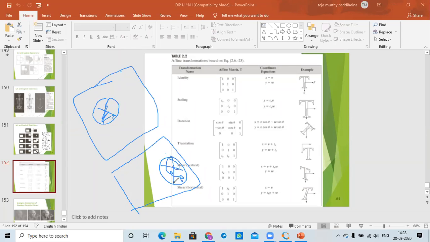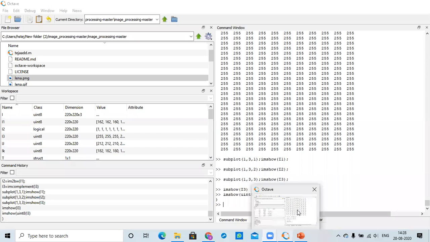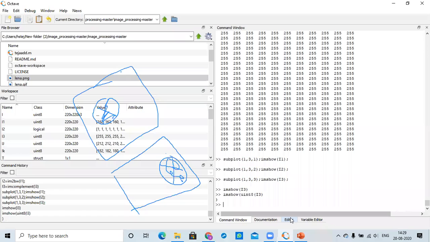How to do translation? The second one is rotation. For example, the image is like this. One example we will do with Octave, then you can clearly understand. The program is already there.